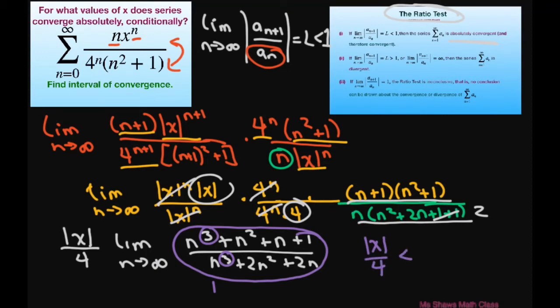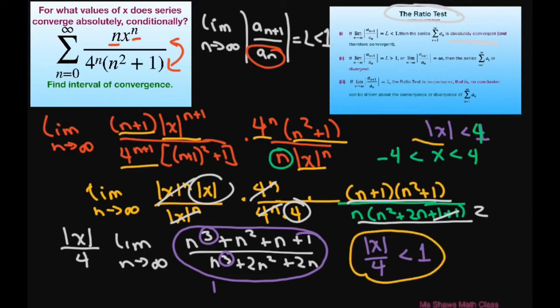Now we're going to force this to be less than 1. So we have the absolute value of x divided by 4 is less than 1. By definition of absolute value, that means x is less than 4 but greater than negative 4. This means it's absolutely convergent here.